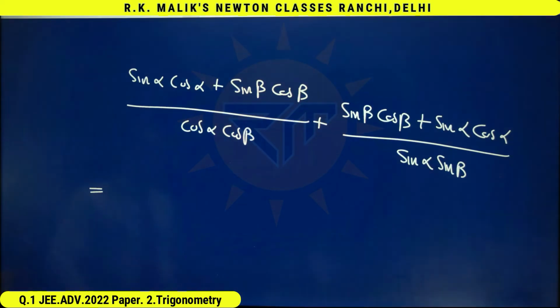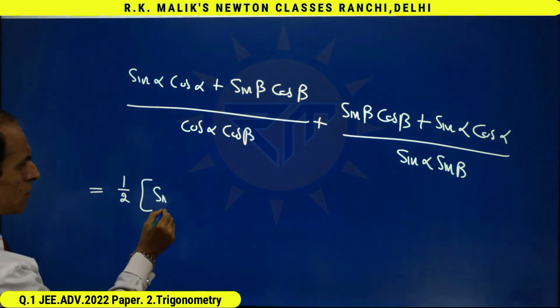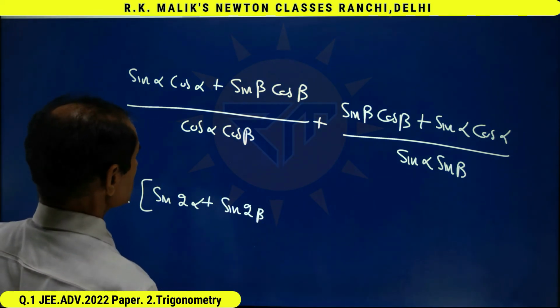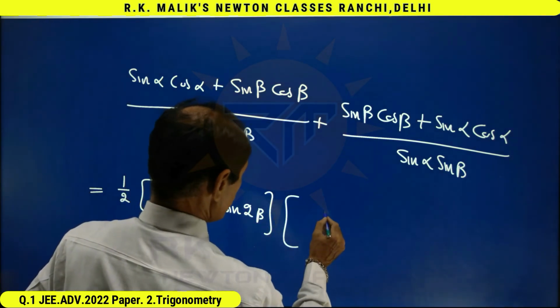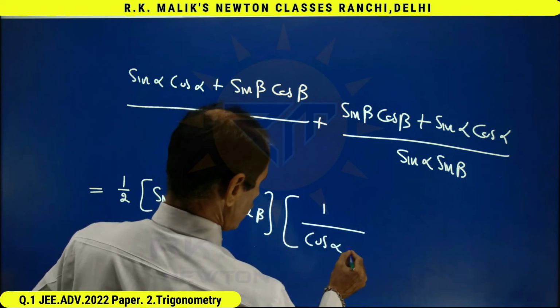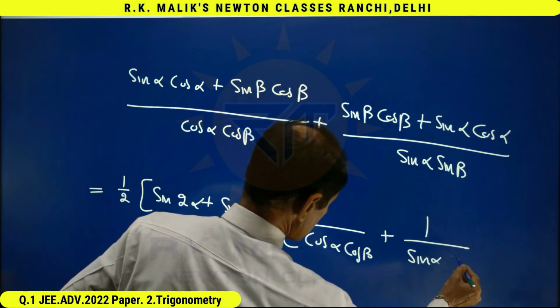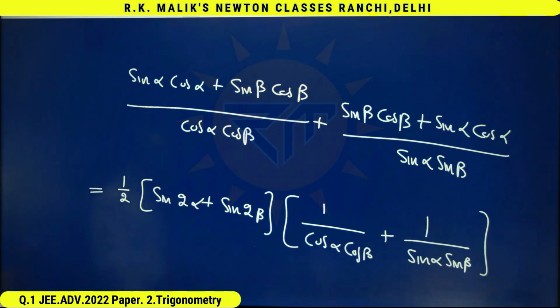This is equal to, and the numerator can also be written as, 1 by 2 (sin 2 alpha plus sin 2 beta) into 1 by (cos alpha cos beta) plus 1 by (sin alpha sin beta). In the previous method I had taken beta as minus lambda, and for more clarity I have kept beta as it is in this way.